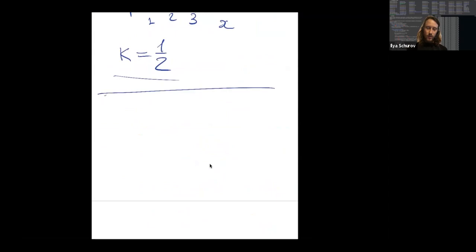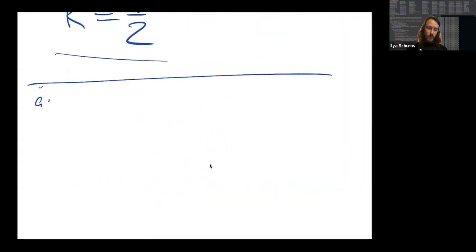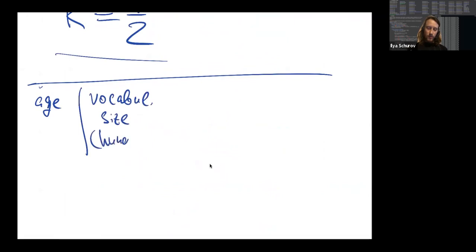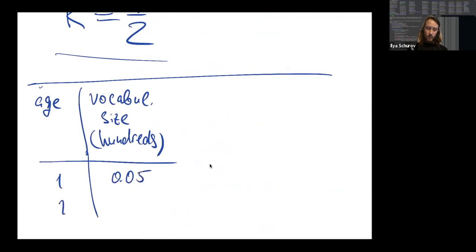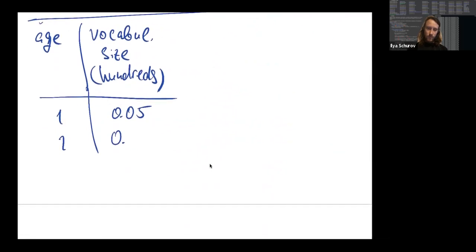Again, I have age and I have vocabulary size, but now it is hundreds. And I will get data like this.